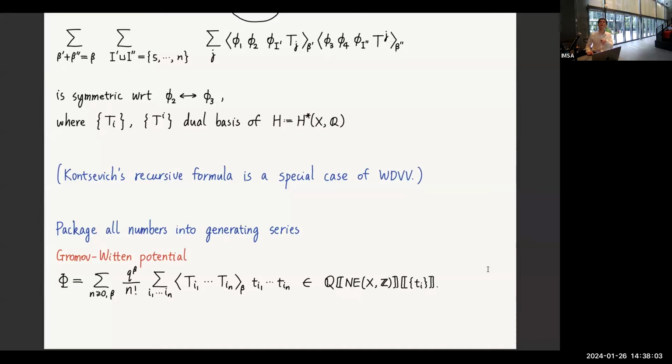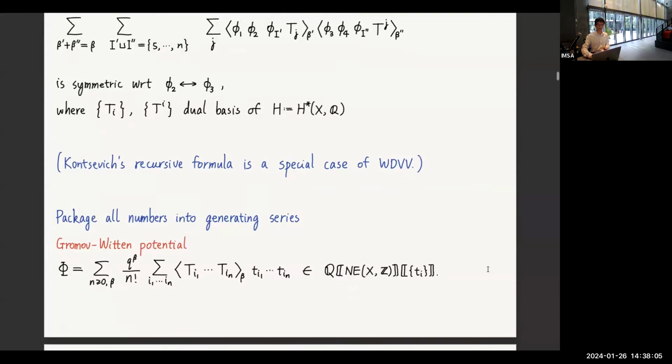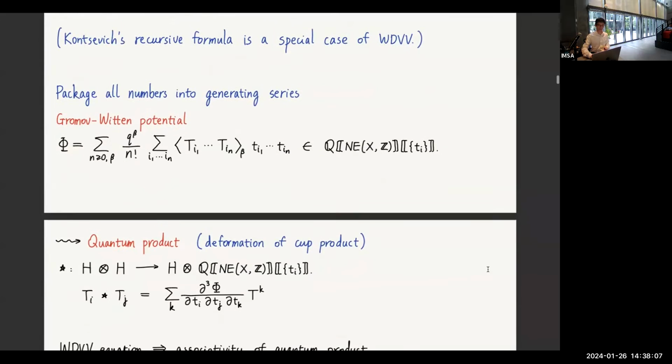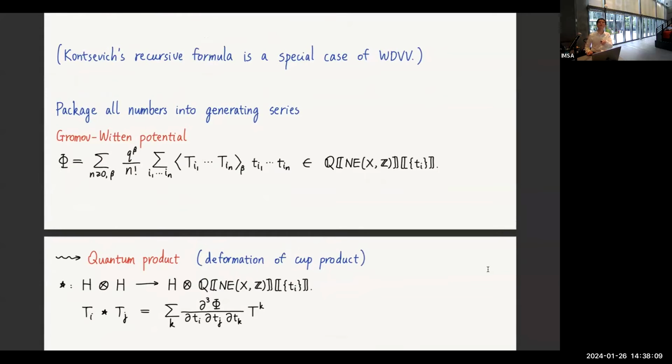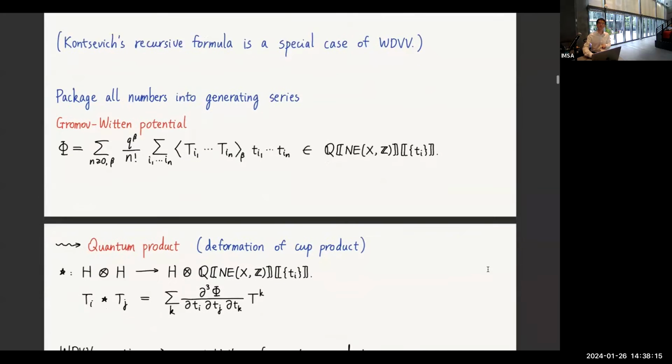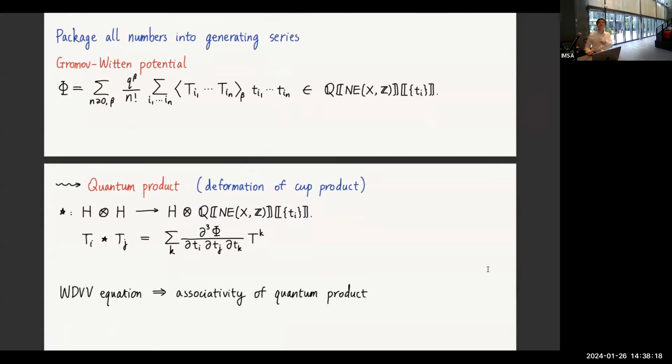From this Gromov-Witten potential, we make the quantum product by taking the third derivative of the potential. And the WDVV equation that I mentioned above gives exactly the associativity of this quantum product.